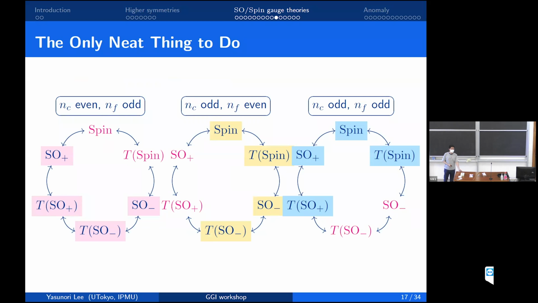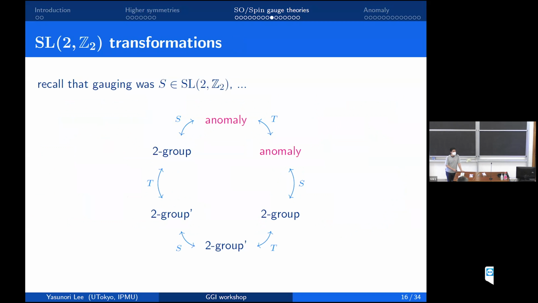Yes, sure, go ahead. In the S transformation down here, why doesn't it go to an anomaly? I would expect that the two-group goes to an anomaly. Yes, that's a good question. Naively, we expect gauging two-group symmetry goes to a theory with mixed 't Hooft anomaly. But because of this additional discrete theta term, the gauging procedure is somehow affected by it, and so gauging gives you another theory with another kind of two-group symmetry.